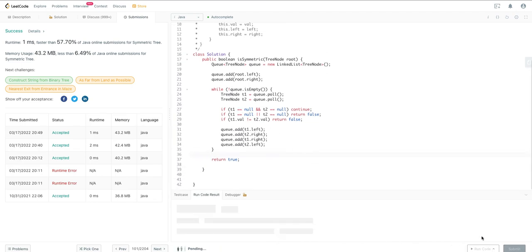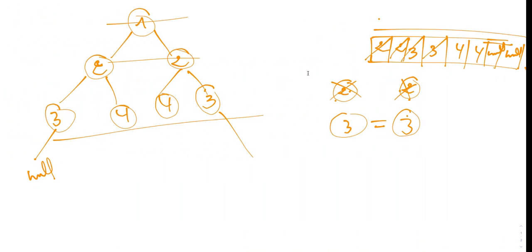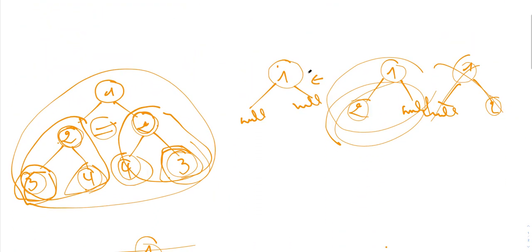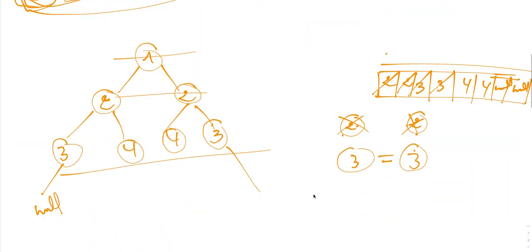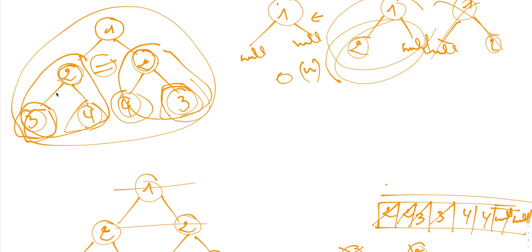So let's run the code. Hopefully everything works fine. Yes, it does. Submit the code. Works perfectly. So before finishing the video, let's have a look at the time complexity. For the recursive version, the time complexity would be O of n, because we're going to traverse all the elements of my tree.